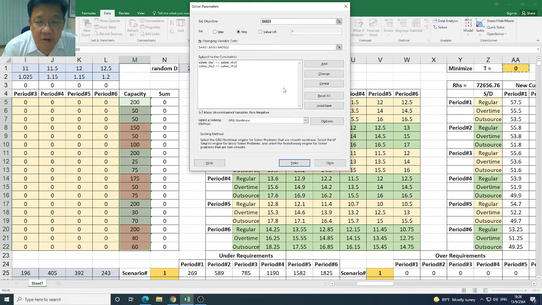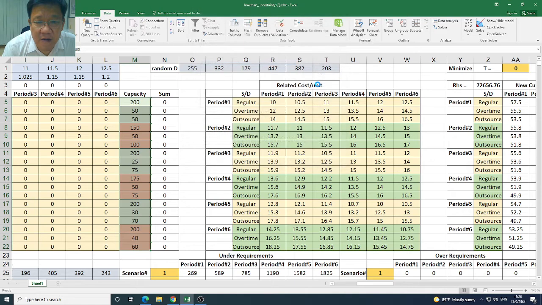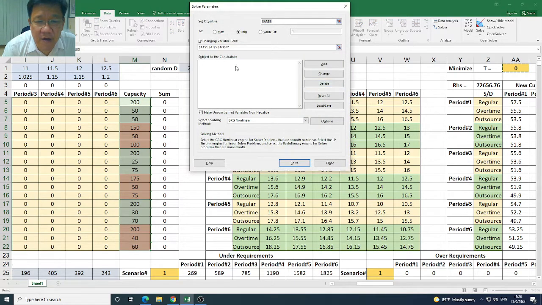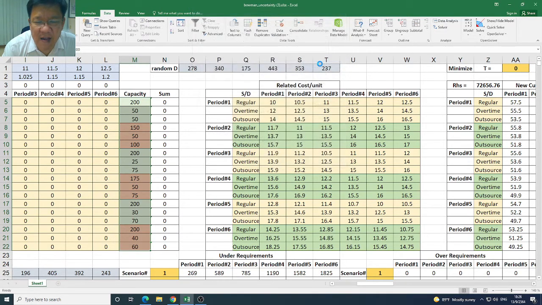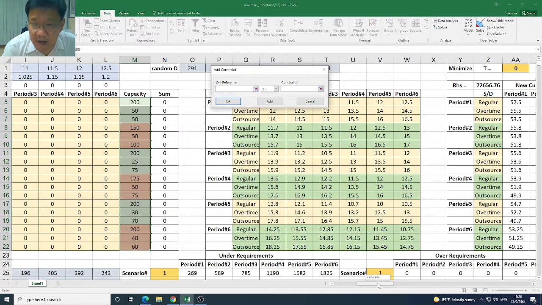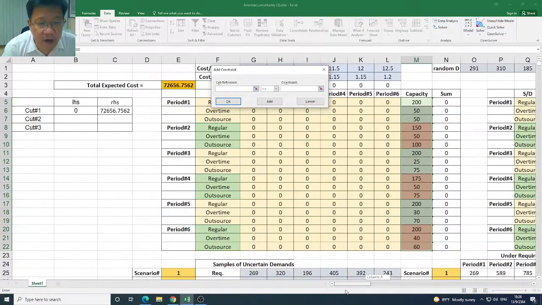I'm not sure, they're not working right. Sometimes it happens. I think we need to rewrite it again. We're going to add the first one: the left hand side here must be greater than or equal to the right hand side.